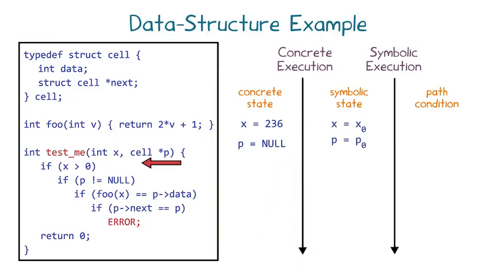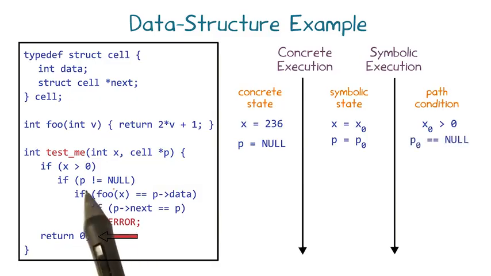These concrete values lead DSE to take the true branch of the first condition x greater than 0. So it adds the symbolic constraint x0 greater than 0 to the path condition. But because p is null, the condition p does not equal null evaluates to false and the function returns 0.